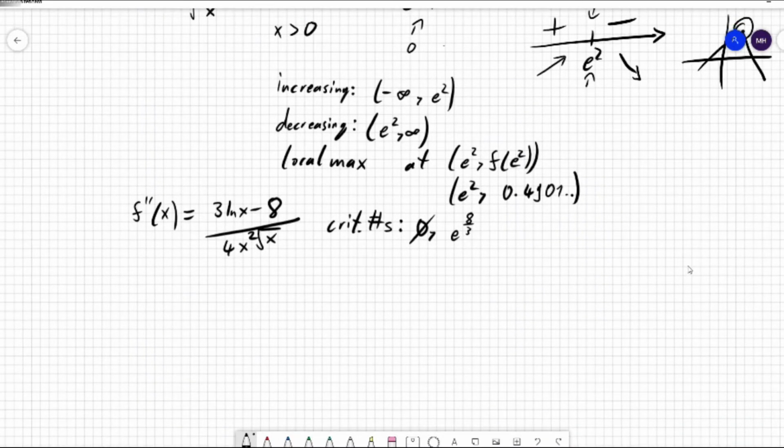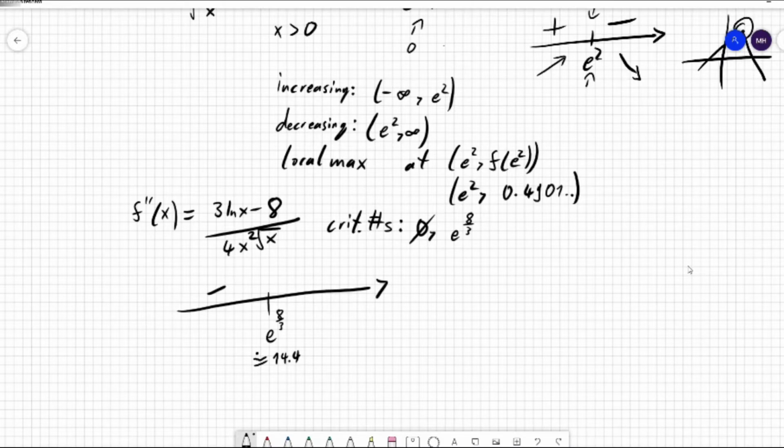So we keep going. We draw our number line. Okay, something like that. Have our point e to the power of 8 over 3, which is actually equal to about 14.4. So I'm just going to use, let's say, 2 on the other side, because it doesn't matter what number you use. So 3 ln 2 minus 8 over 4 times 2 squared times root 2, and that's equal to a negative number.